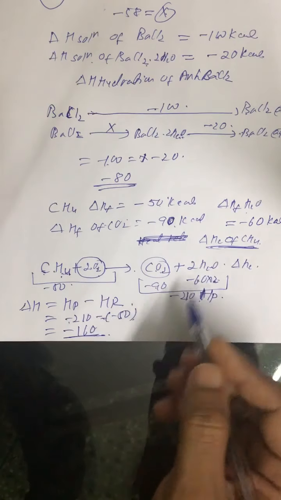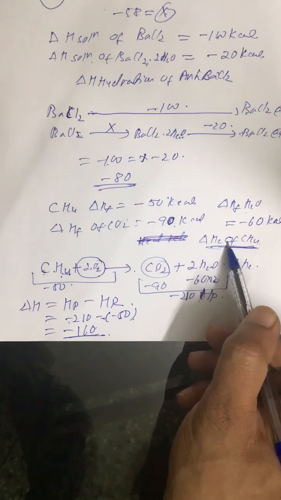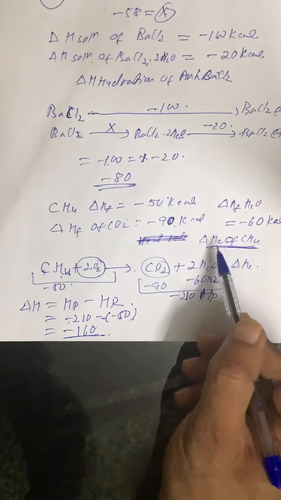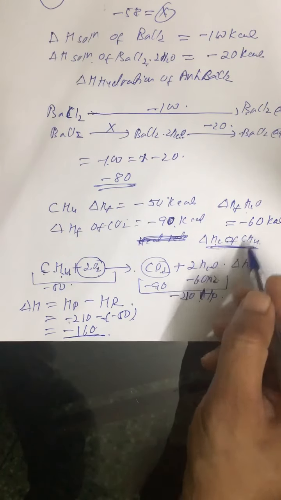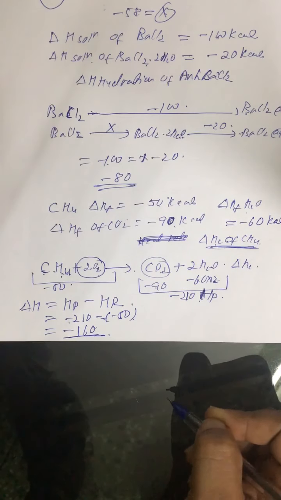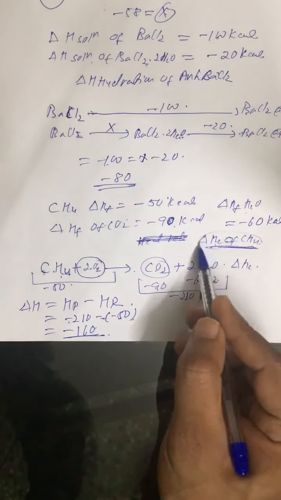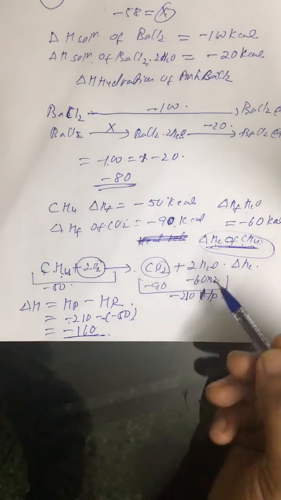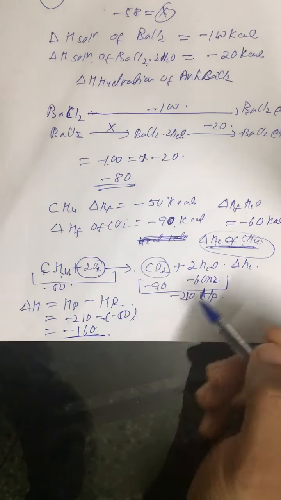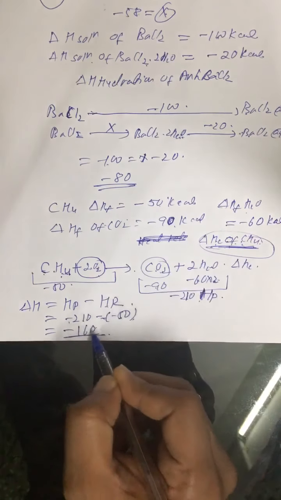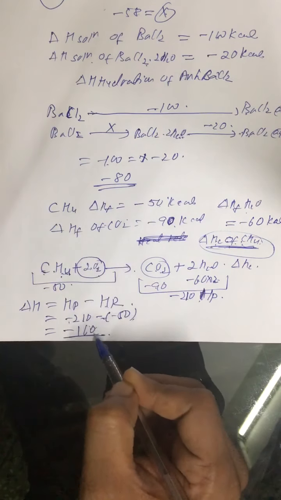Now suppose there is an extension of this question: calculate the amount of heat released when 2.24 liter methane is burnt. This is not the basic question. So see, this is for 1 mole of methane. When 1 mole of methane is burnt, this much heat is released.